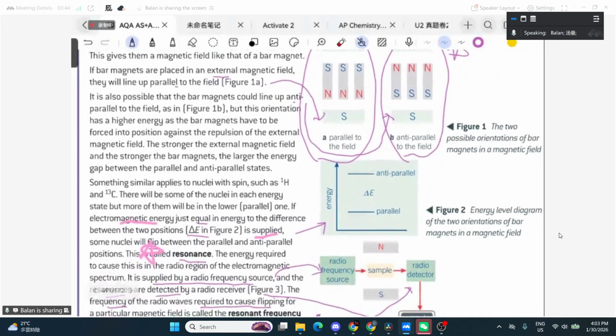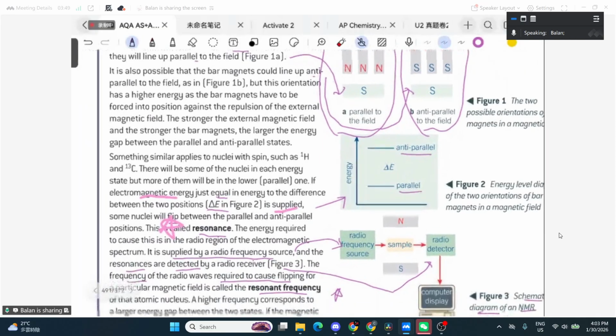And these two states have different energy. This diagram shows the energy difference between the anti-parallel state and the parallel state.